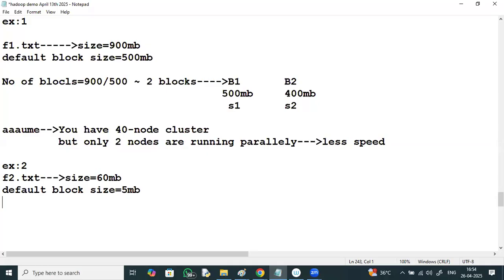Number of blocks, how many? 60 by 5, 12.